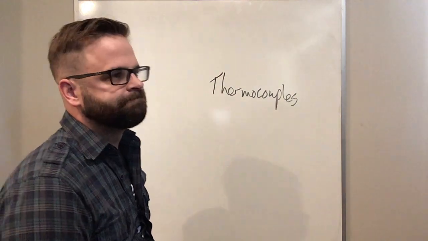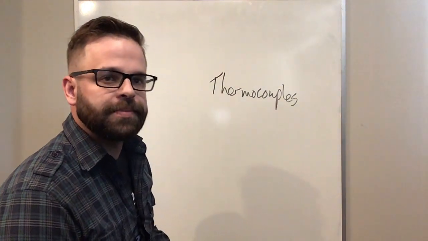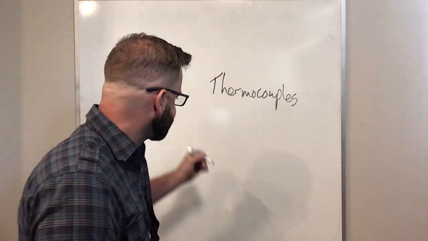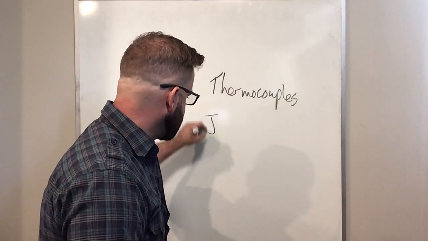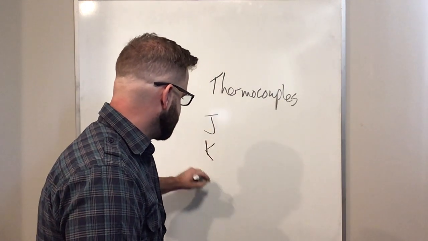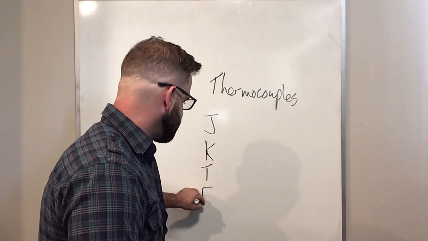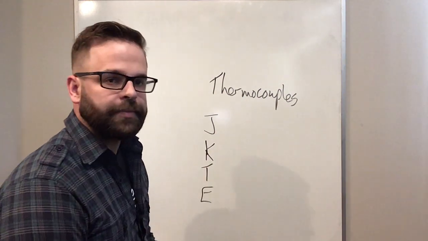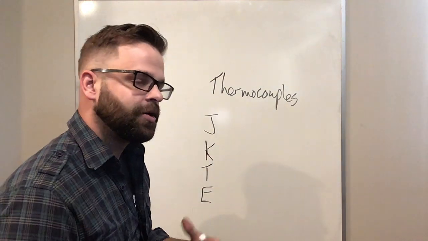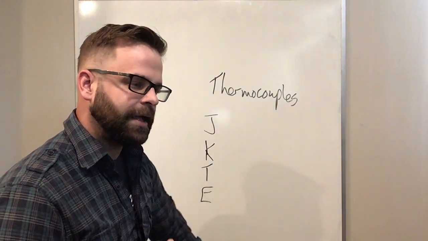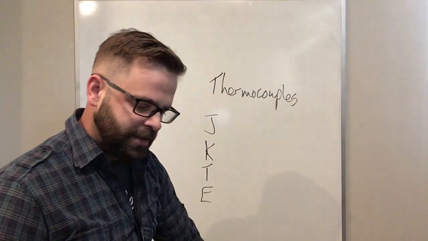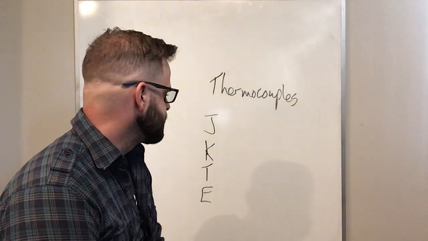There's 4 main types that I want you guys to look at. There's type J, type K, type T and type E. And with all these, I will have a little handout for you in your next lab class.